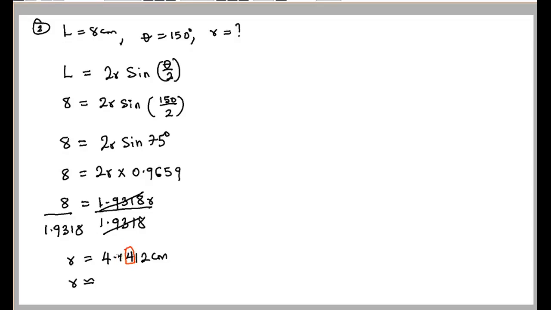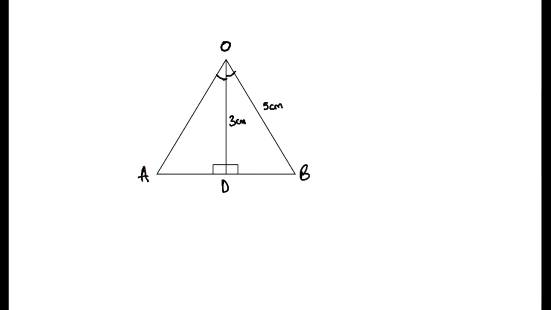What is next to 4? It's 1, not up to 5. So I'll round down and my answer becomes 4.14 centimeters to 2 decimal places. So that's our answer for question 2.